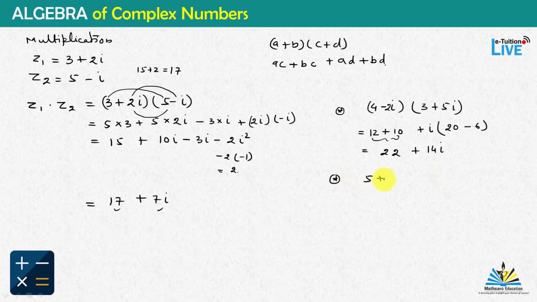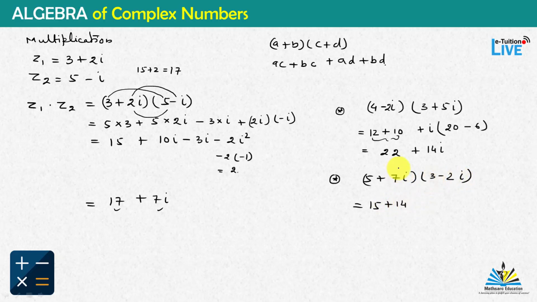Let's have another multiplication: 5 plus 7i into 3 minus 2i. So what we will have? 5 into 3 is 15, 7 into 2 is 14, minus 14i square, so that is plus 14.